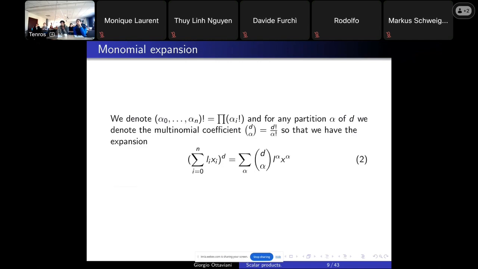It's the multinomial coefficient, d factorial divided by the product of the alpha factorials. Of course, the sum is d. So I say the partition alpha of d, just meaning this one, okay?